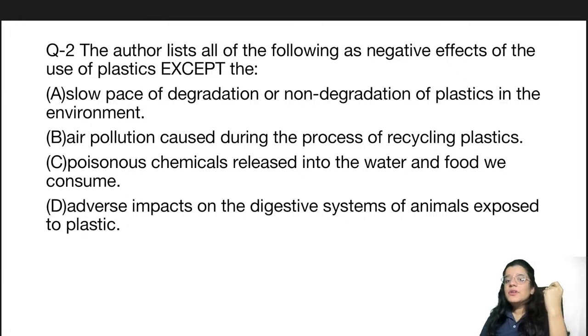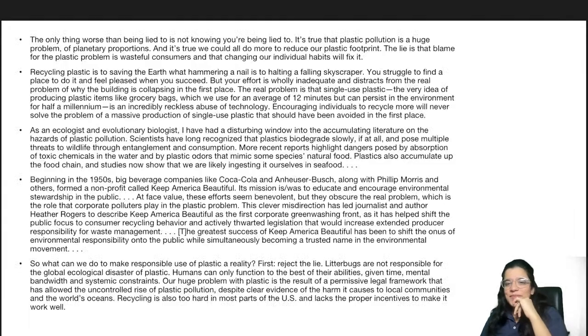D option, adverse impacts on the digestive systems of animals exposed to plastic, right? Where is this given? Where is this mentioned in the third paragraph? How can we eliminate D? Where is it mentioned that there is an adverse impact on the digestive system of animals?